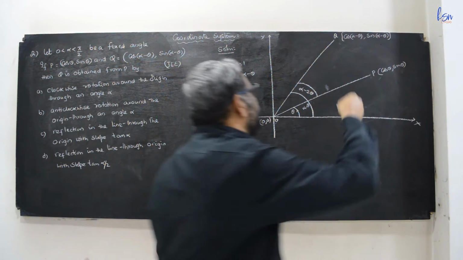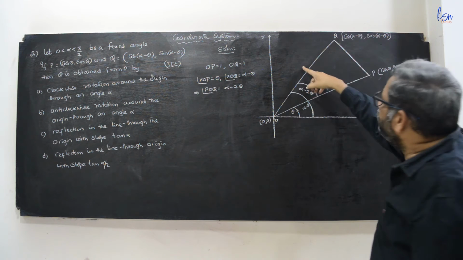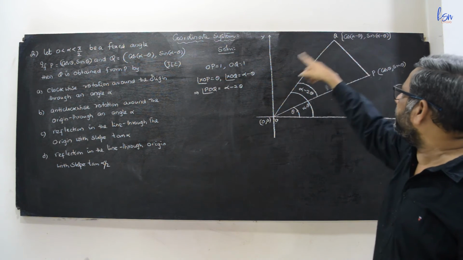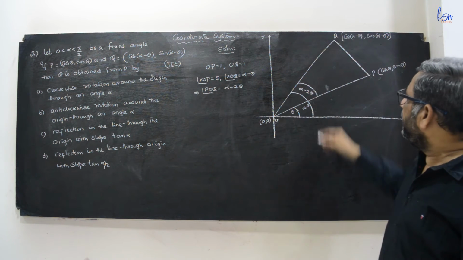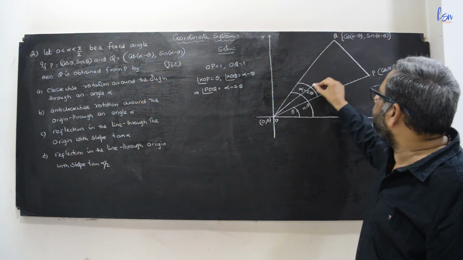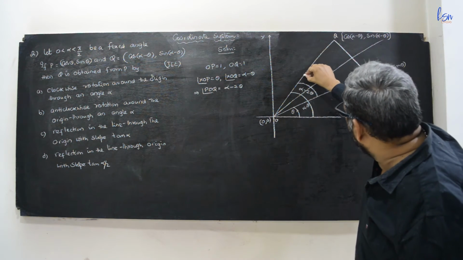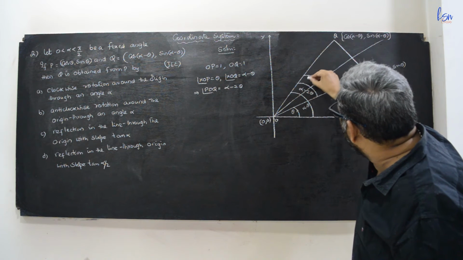Now if you join the two points P and Q, because OP and OQ are both equal to 1, it is an isosceles triangle. In an isosceles triangle, you take the angular bisector. Therefore this angle is alpha by 2 minus theta.